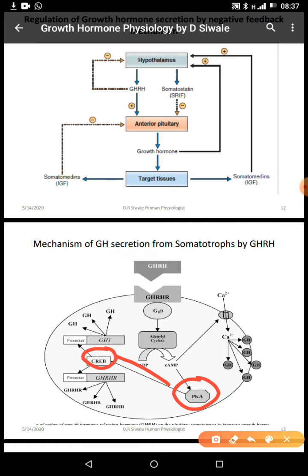So the protein kinases, when they activate the CREB, can increase the synthesis of growth hormone releasing hormone receptor or increase the synthesis of growth hormone. Okay, so the mechanism by which somatotropes secrete growth hormone is via exocytosis or via the activation of adenylyl cyclase.